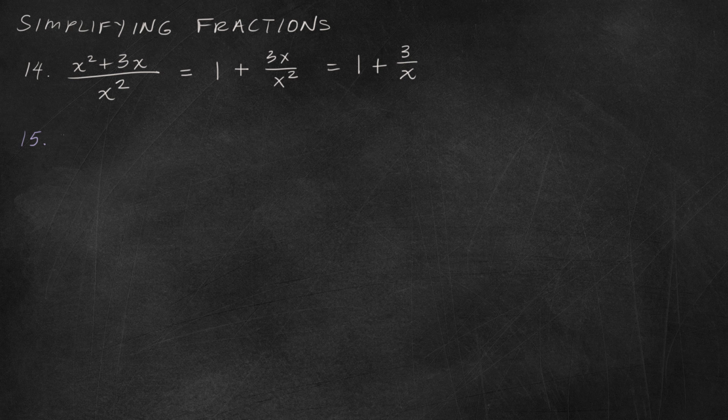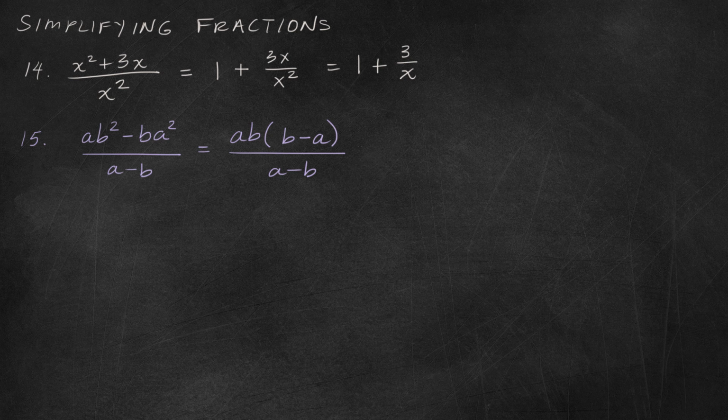Number 15, simplify (ab squared minus ba squared) over (a minus b). In the numerator, we can factor out the common factor ab, leaving us with b minus a. Now we have a factor of b minus a in the numerator and a minus b in the denominator.